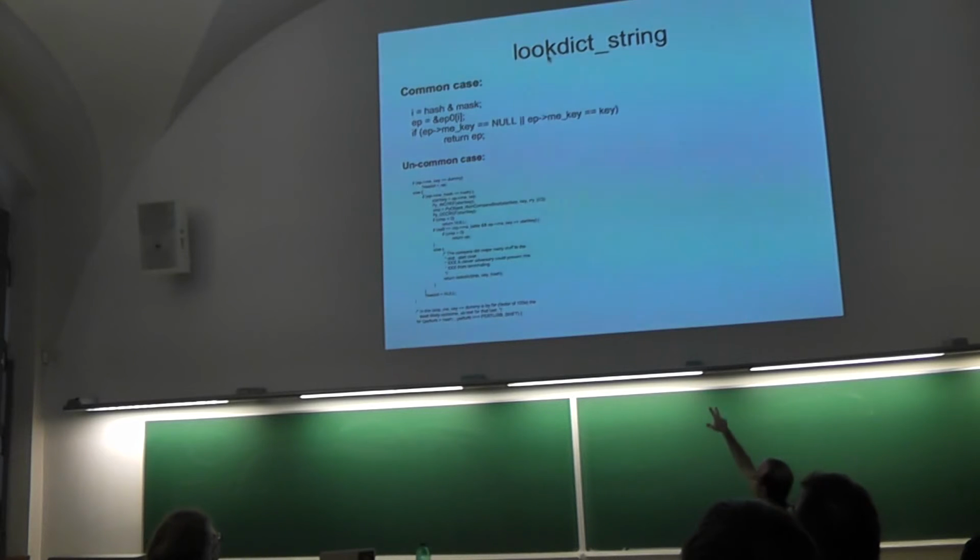So the common case is just immediately finding that key and returning it. And then there's a lot of this uncommon case, which is what happens in a lot of these dynamic languages and their implementations for interpreters, which is to have specialized cases for fast paths.